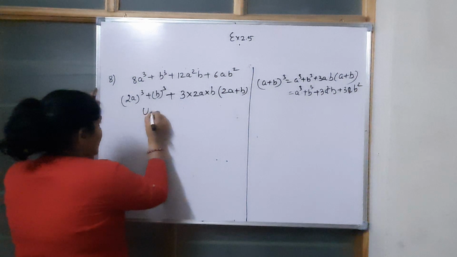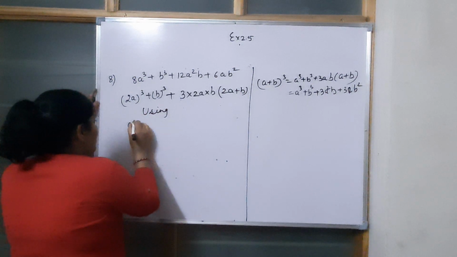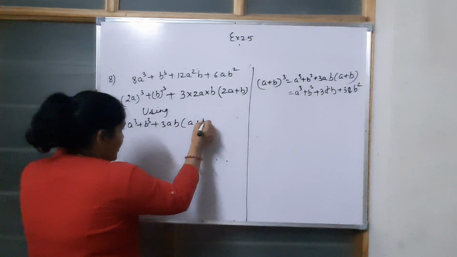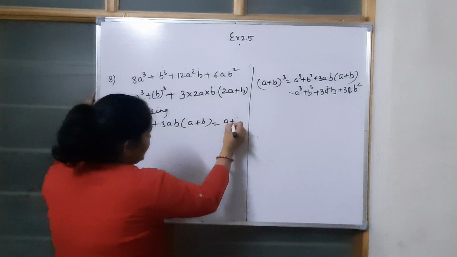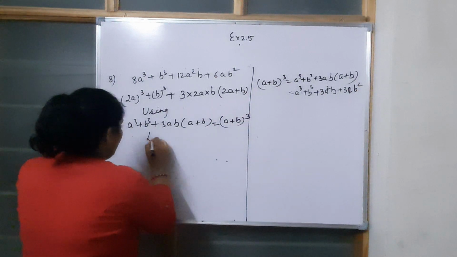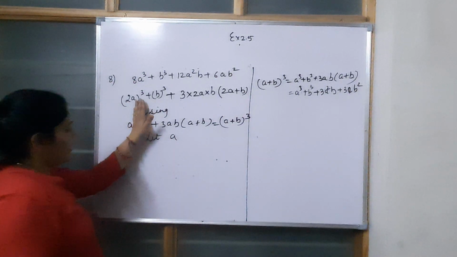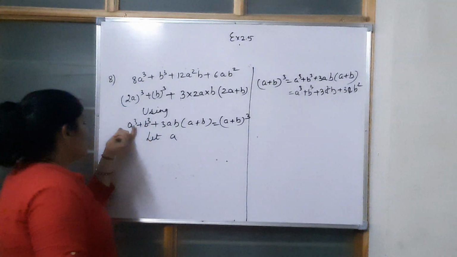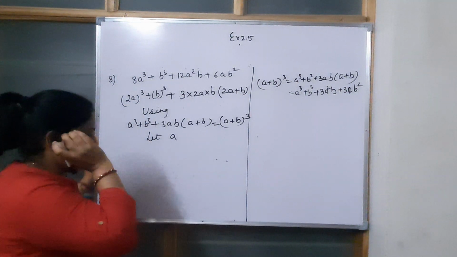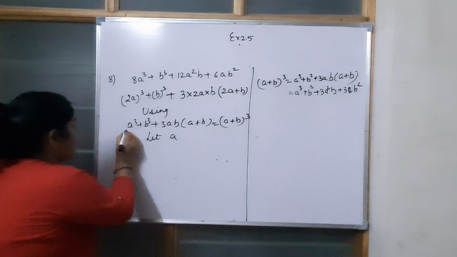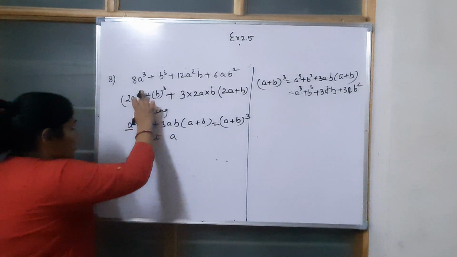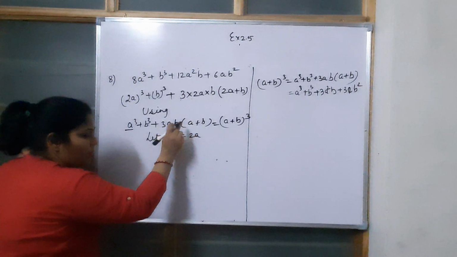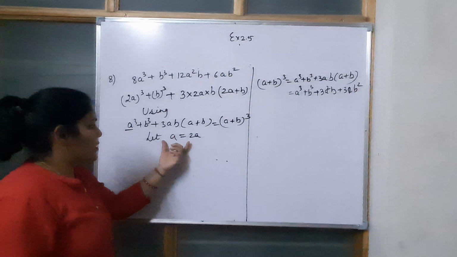Now, a cube plus b cube plus 3ab(a plus b) is equal to (a plus b) whole cube. What is our a in our identity? The term inside the cube. Inside the cube we have 2a, so a will be equal to 2a.